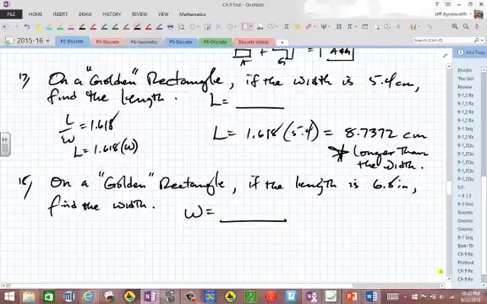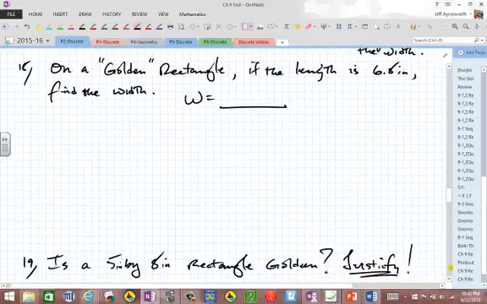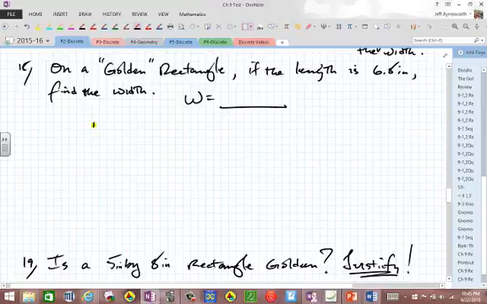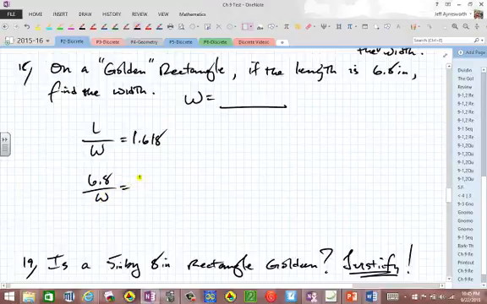Now on this one here, the length is 6.8, so L to W equals 1.618, right? So you substitute the length in, so you get 6.8 to W is equal to 1.618.